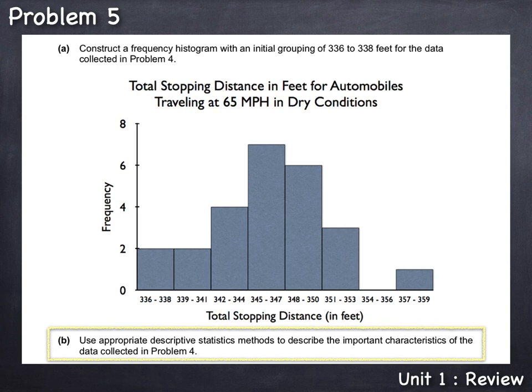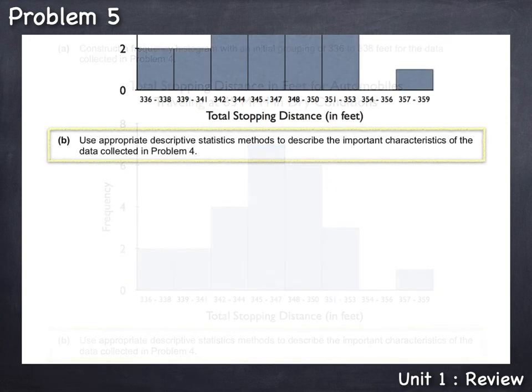So the total stopping distance has a bell-shaped distribution based on the histogram we constructed. And then to describe the central tendency and dispersion, we can just use our mean and standard deviation to make that description.